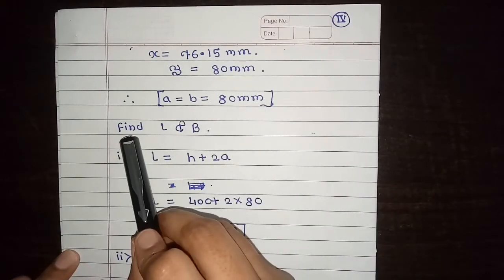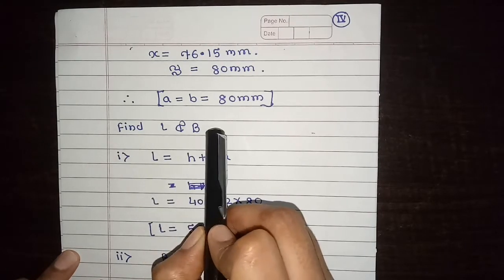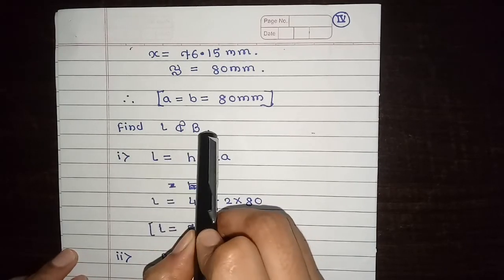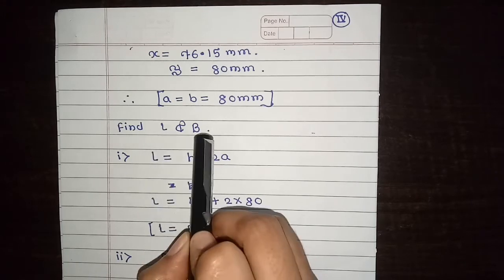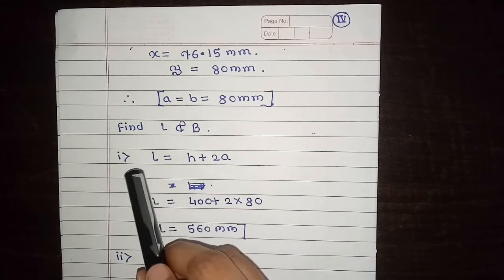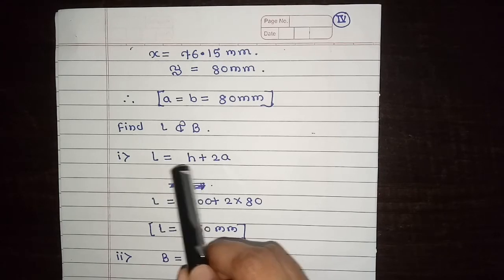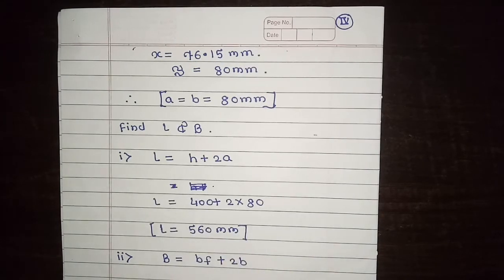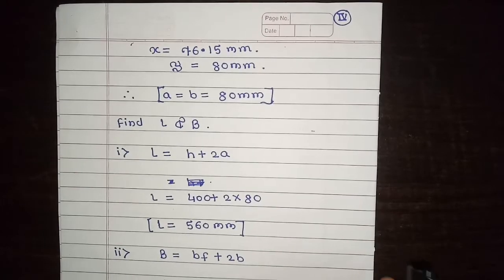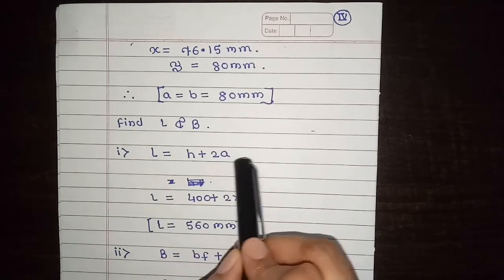Right? Find L and B, means length and width of base plate. So L is calculated by the formula L is equal to H plus 2A.